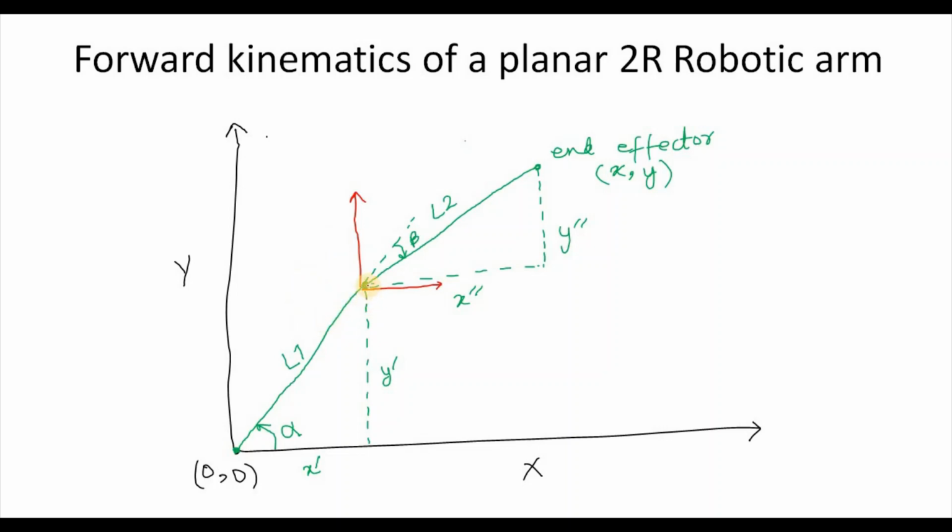And now we try to calculate the position of the end effector within this frame, the red color frame that is attached to joint 2. So what we do here is apply the cosine and sine functions and calculate x double dash and y double dash, but this time the angle beta is negative.